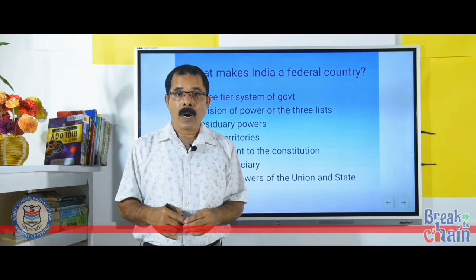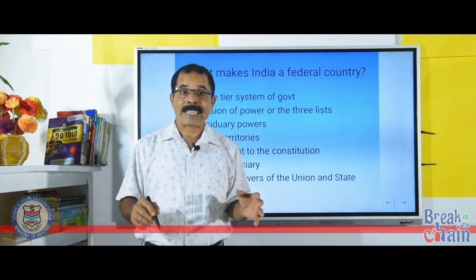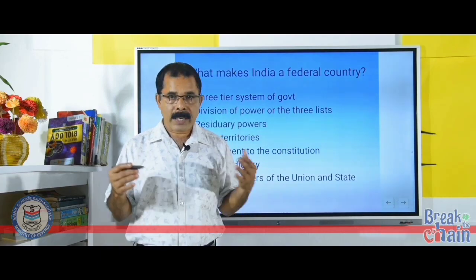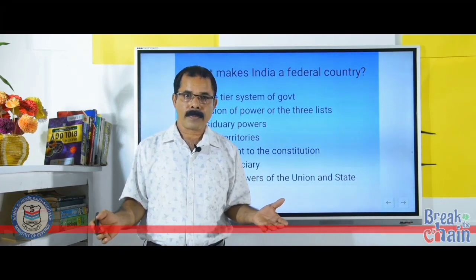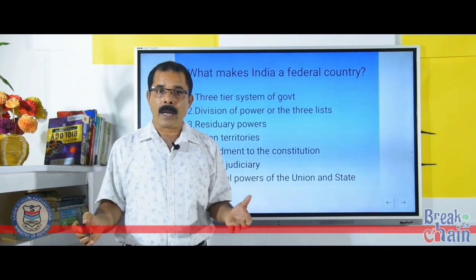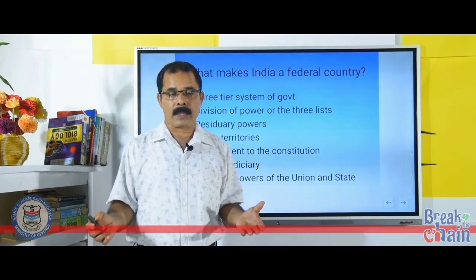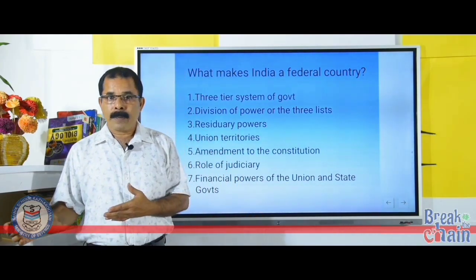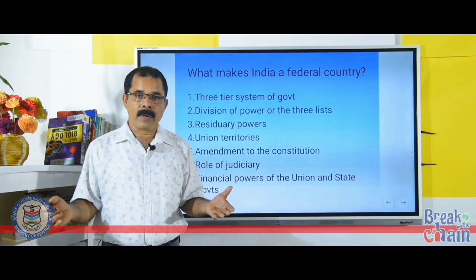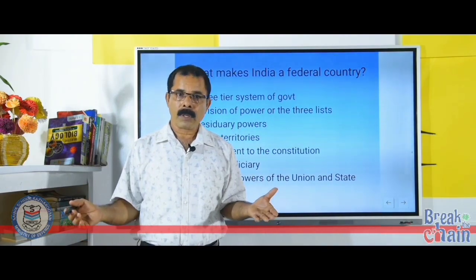At present, out of 8 union territories, 3 of them have their legislative assemblies. Pondicherry has a state assembly. Then Delhi, the national capital, has its assembly, its MLAs and its chief minister. And then Jammu and Kashmir have their MLAs, their assembly and their chief minister.